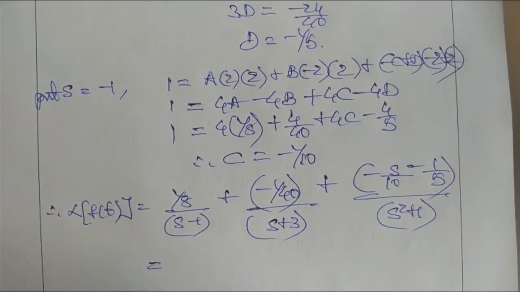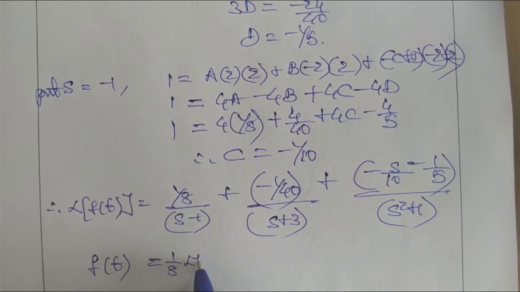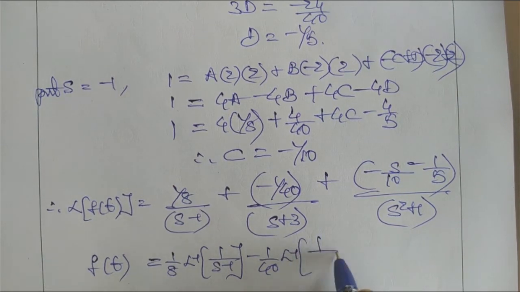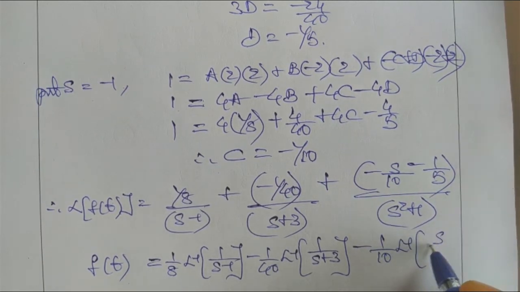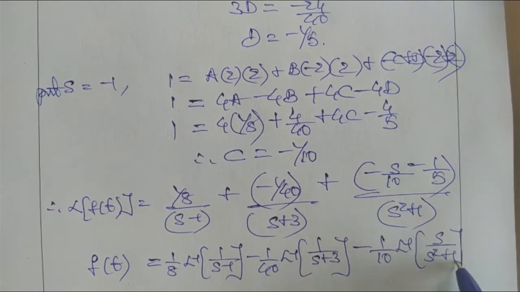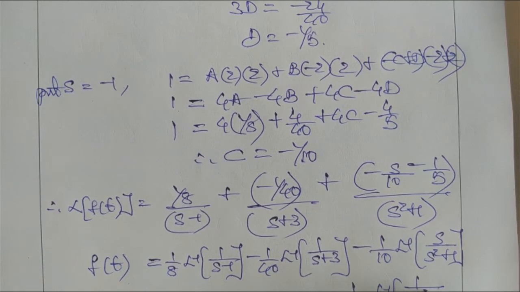So now f(t) is equal to 1 by 8 L inverse of 1 divided by s − 1, minus 1 by 40 L inverse of 1 divided by s + 3, minus 1 by 10 L inverse of s divided by s² + 1, then minus 1 by 5 L inverse of 1 divided by s² + 1.